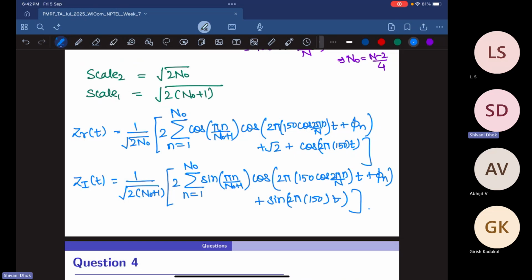And these phi n's will be generated uniformly from 0 to 2 pi.